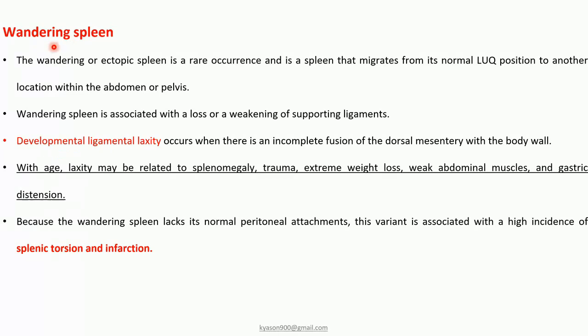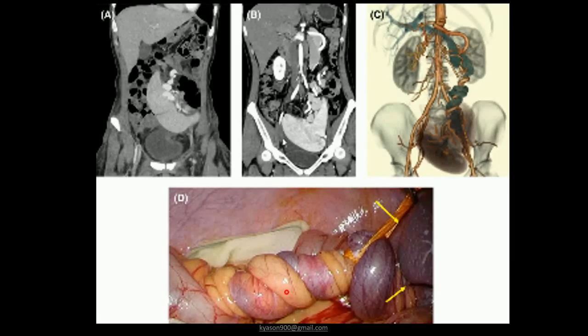Whenever this happens, there is a very high chance of torsion occurring. Torsion can easily occur because our spleen is going to be wandering within the abdominal cavity. It should be up here, okay? So since it is wandering within the abdominal cavity, remember it has connective tissues that are connected to it.